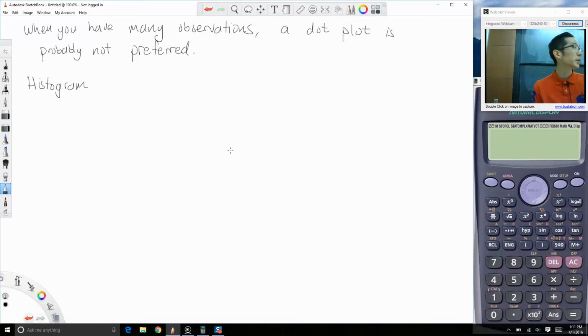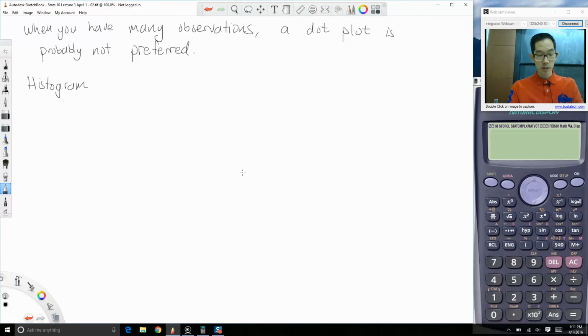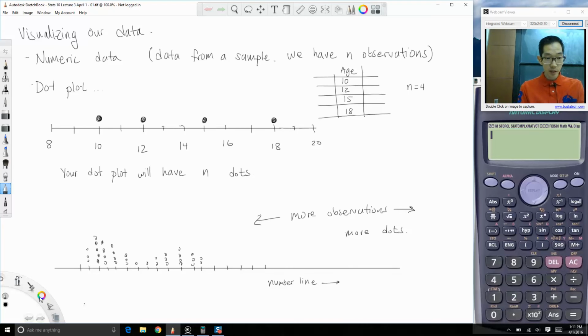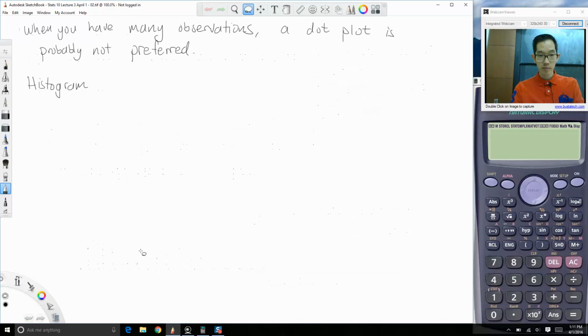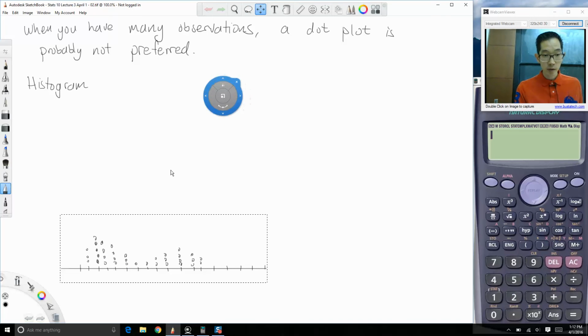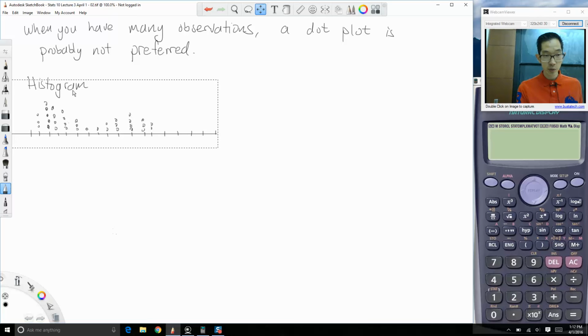Okay? And a histogram, well, you could make a histogram exactly like the dot plot. So a histogram looks kind of like a bar chart here. So I could take this and just turn it into a dot plot.